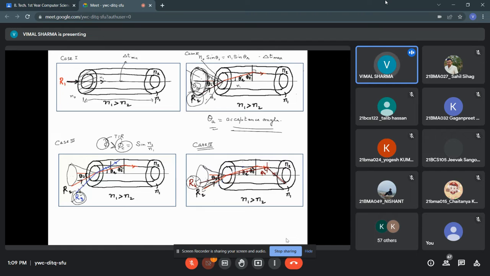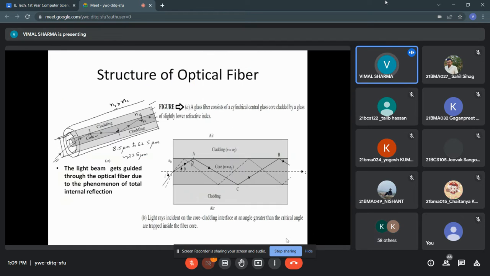So this acceptance angle is denoted by theta A, and the ray which is incident or launched at this angle into the optical fiber is just allowed by the optical fiber to propagate through it. This makes an angle at the core cladding interface equal to the critical angle for the core cladding interface.